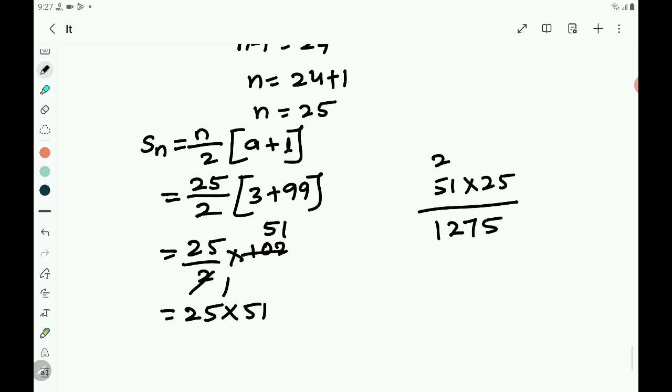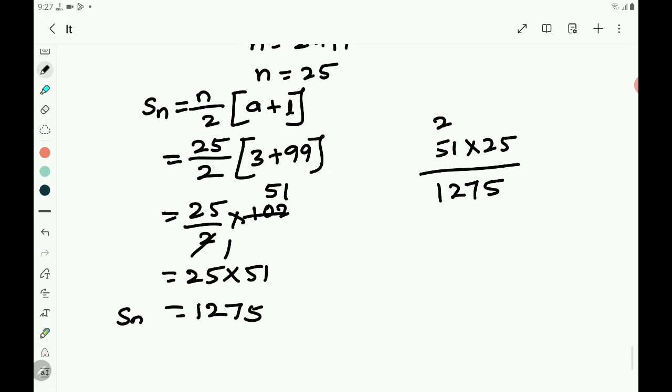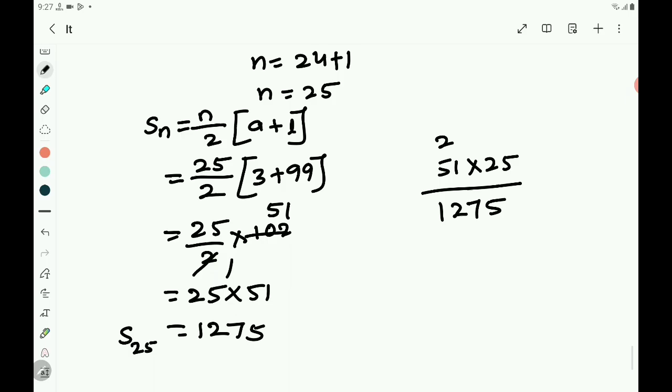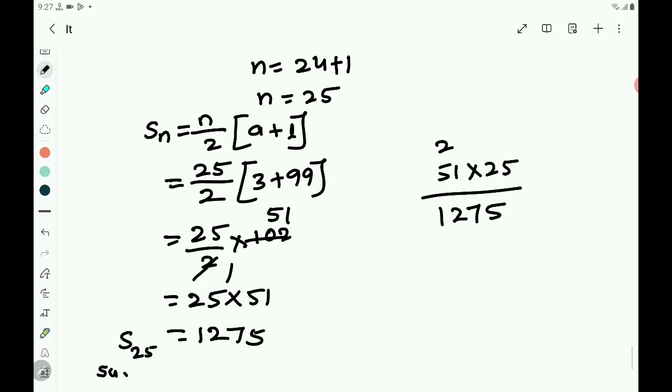So you got the sum 1275. The sum of 25 terms. Sum of all terms equals 1275.